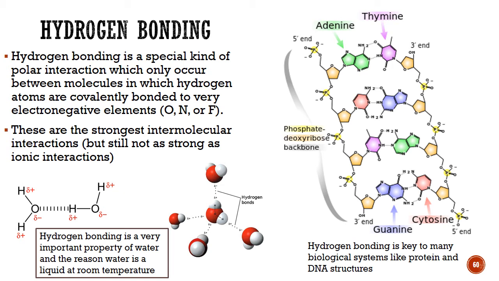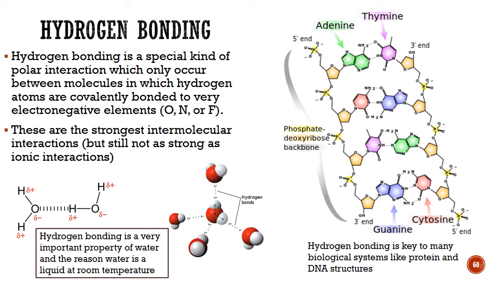And then the O, N, or F, remember those are the very highest electronegative elements on the periodic table. So these are sort of the most polar bonds that you can have, an O, N, or F bonded to a hydrogen. And then the hydrogen being so small, it means that that attraction is a really tight interaction, very strong interaction.